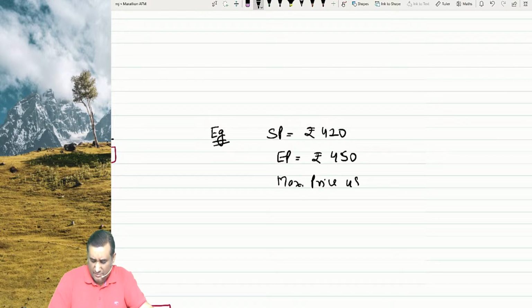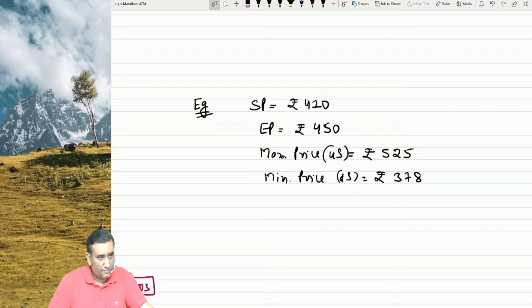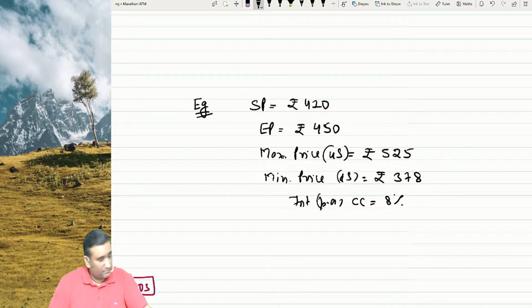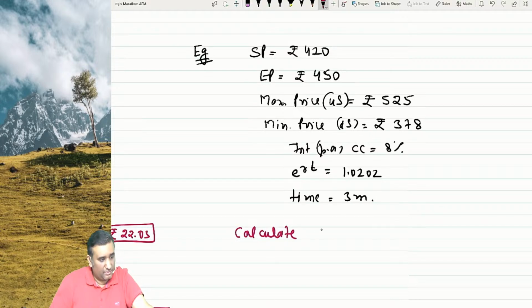That's the upside possibility, 520, and minimum price. 8% interest per annum, e to the power RT, 1 point. Time is 3. Calculate all options.